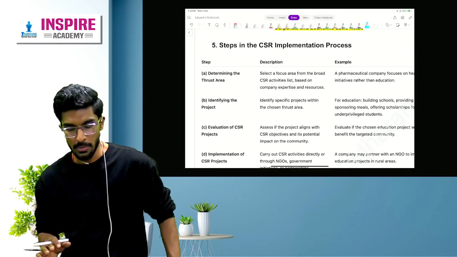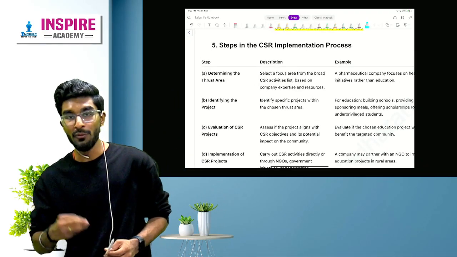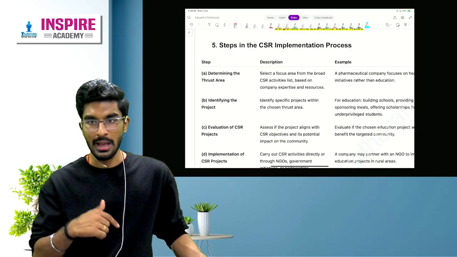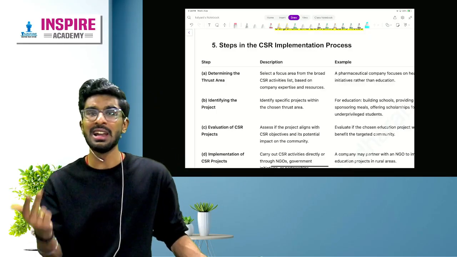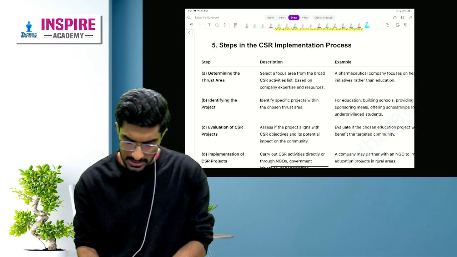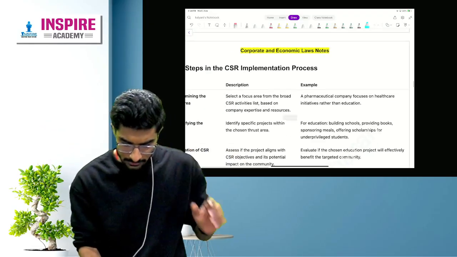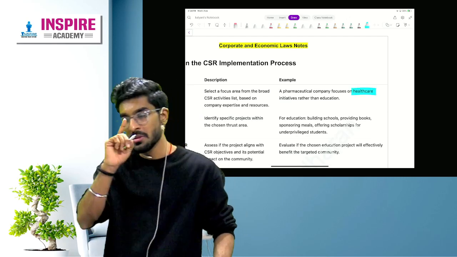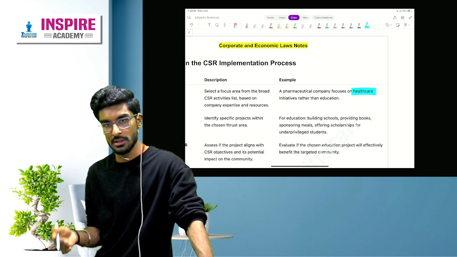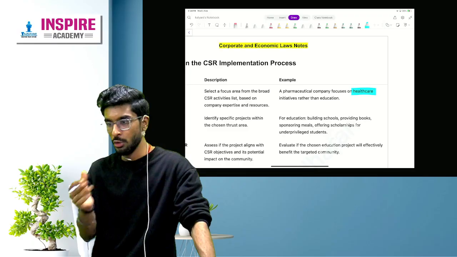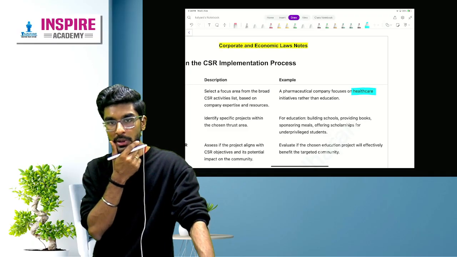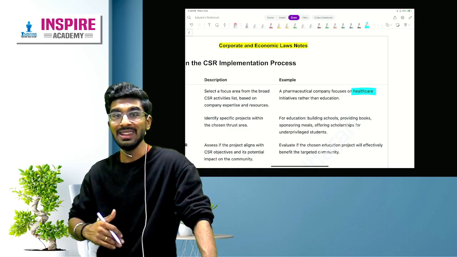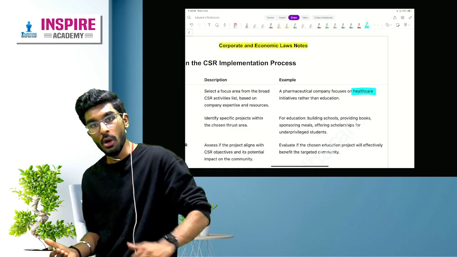Number 1, you have to determine in which area you want to add value. Is it education? Is it health? Is it sanitation? You have to decide. Let's say I want to focus on healthcare. If you are in the healthcare business, you know your industry very well. You know which category of people require your services, and you know how to add value.